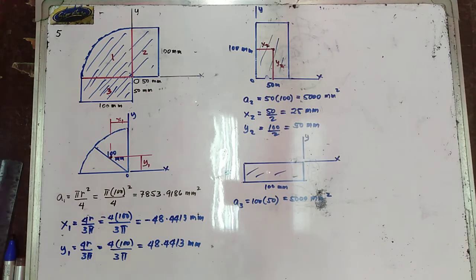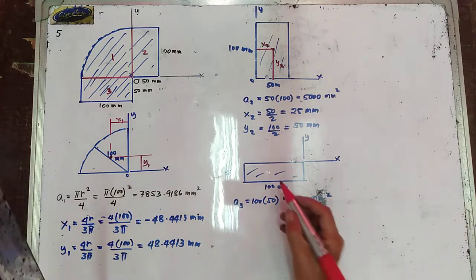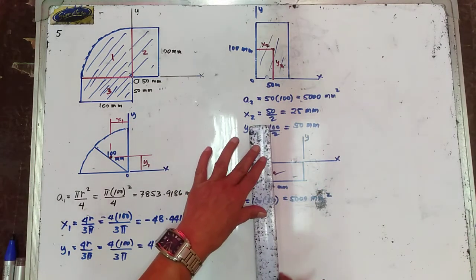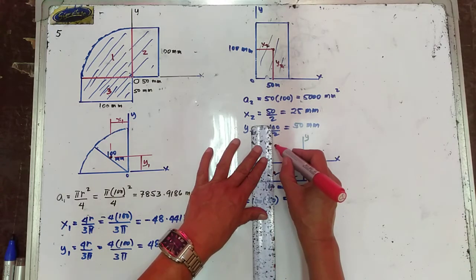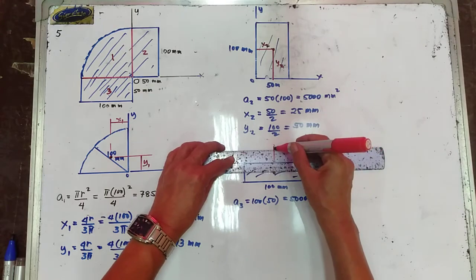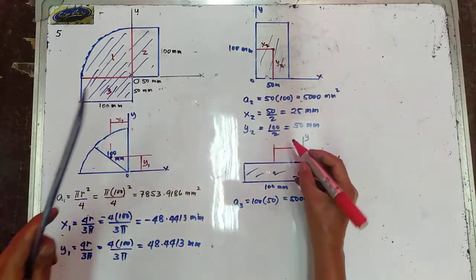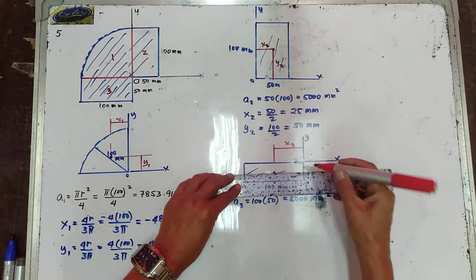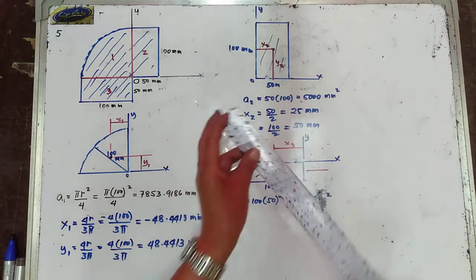Let's try to determine now your x sub 3. So this is the centroid of this area. So we have your x sub 3. This is your x sub 3. And then this one in here is now your y sub 3.